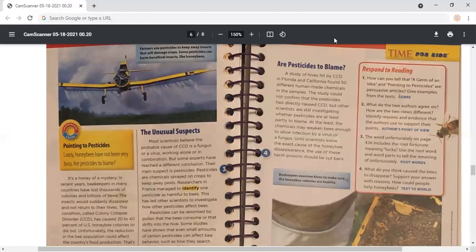It can make them sick, and the sick bees might get lost and not know how to return to the colony. And scientists found 50 different chemicals in hives that were affected by CCD. So this author's point of view is that pesticides, and this is in the last line of the text, pesticides should be cut back because they may cause CCD.